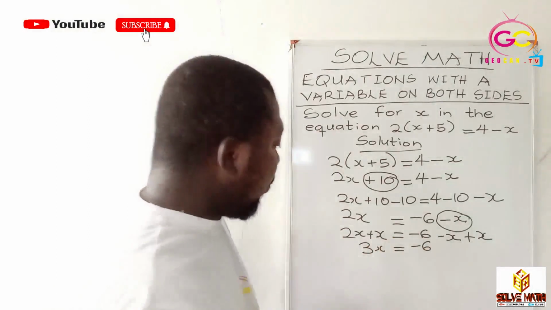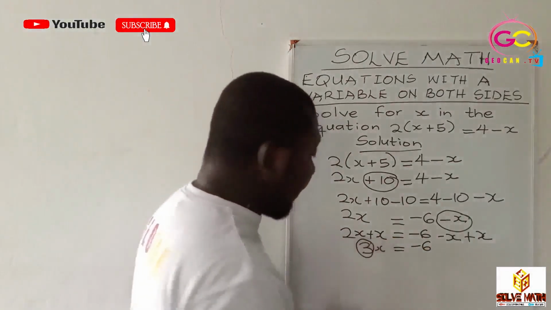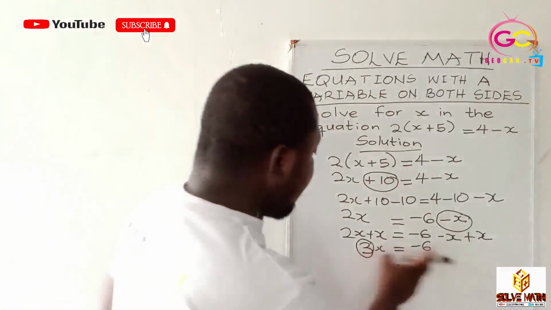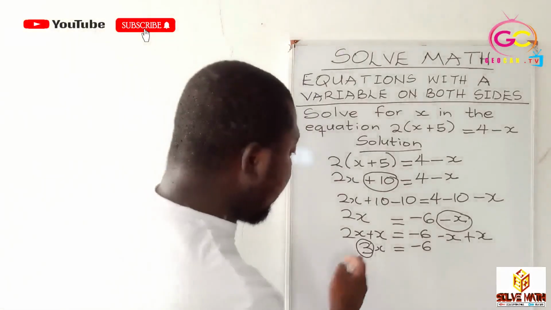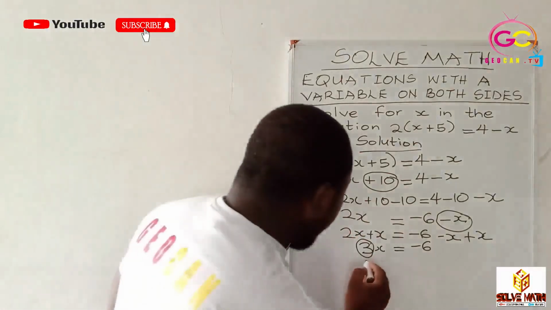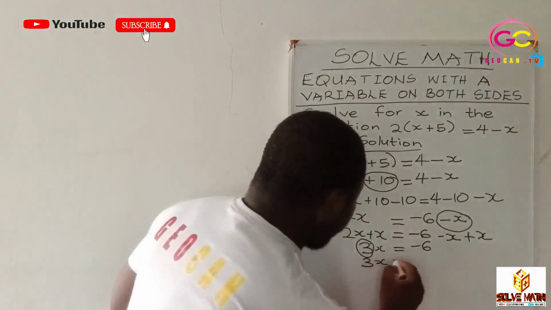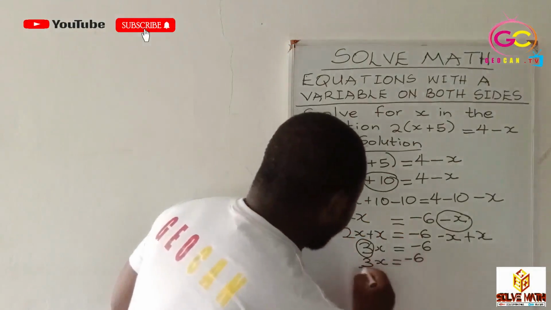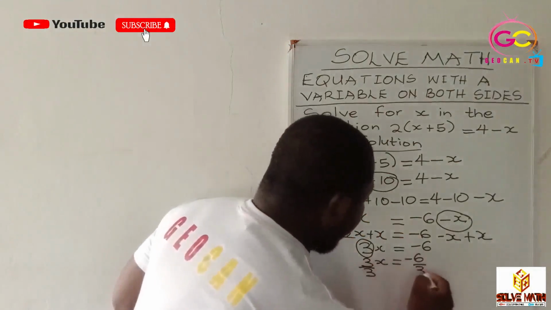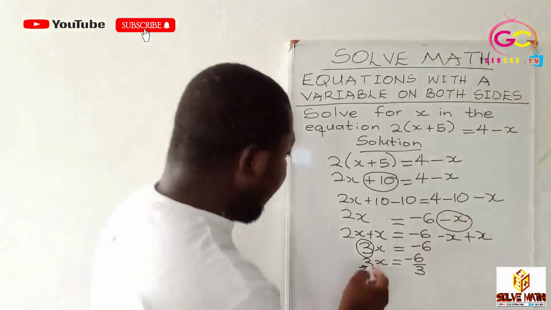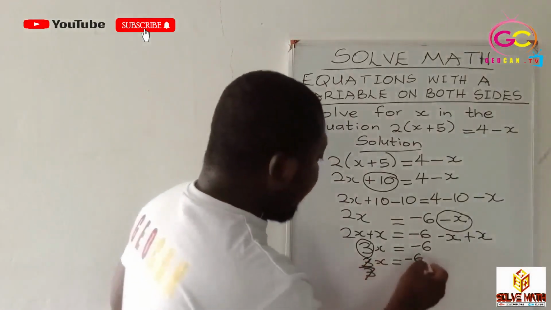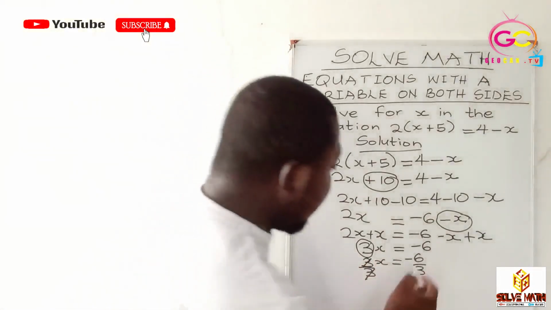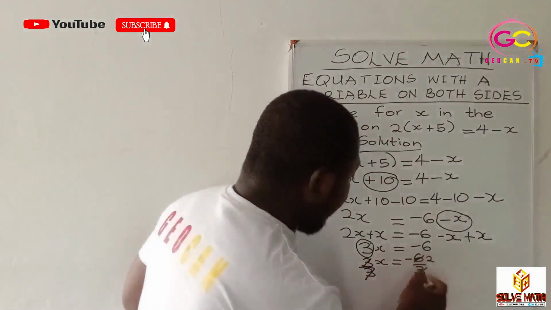Negative 6. We have 3 closer to the x. So we have to divide both sides of this equation by 3. So let's write the equation again. 3x over 3 is equal to negative 6 divided by 3. I hope you get that. This 3 will cancel it. 3 will go into 6 how many times? It's 3, 2 is 6; 3, 1 is 3.